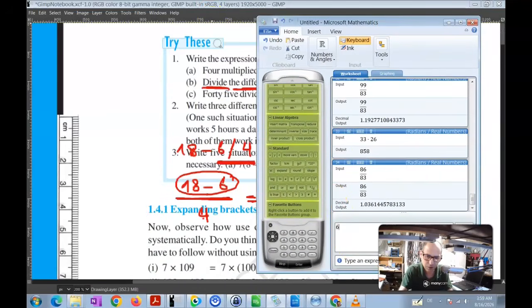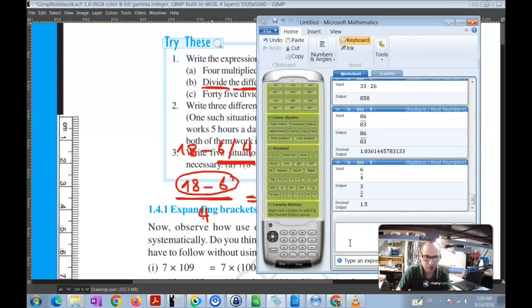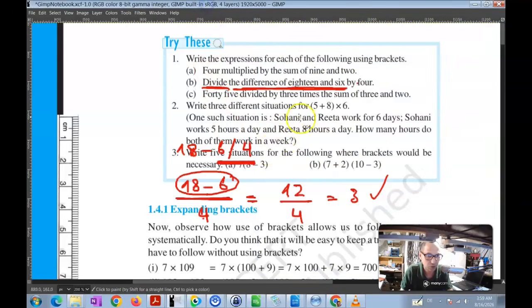So 6 divided by 4 is the same thing as 3 divided by 2, which is 1.5, right? So I will write this as 18 minus 1.5, which is 16.5, right?